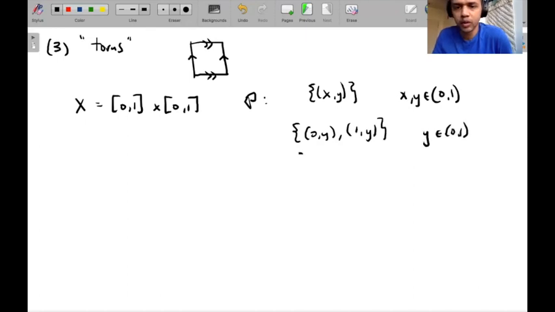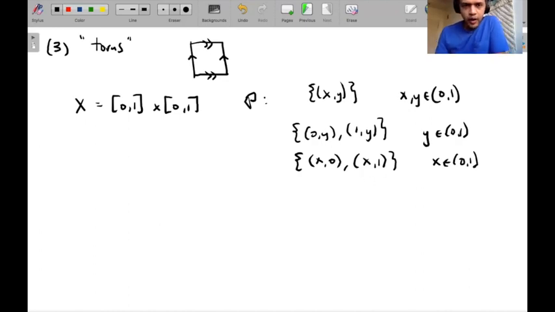And similarly, we glue the top to the bottom. So (x,0) is identified with (x,1), for x in [0,1]. And so every point has to appear in one of these subsets. There are 4 more points that we haven't accounted for, which are the corners of this.